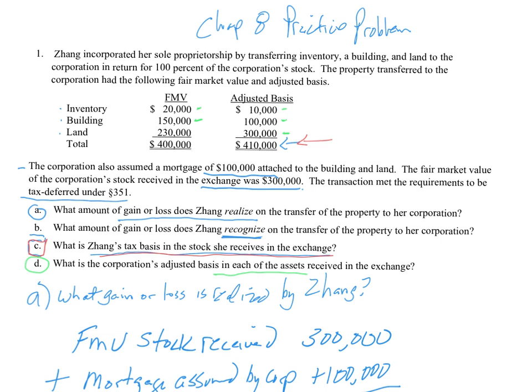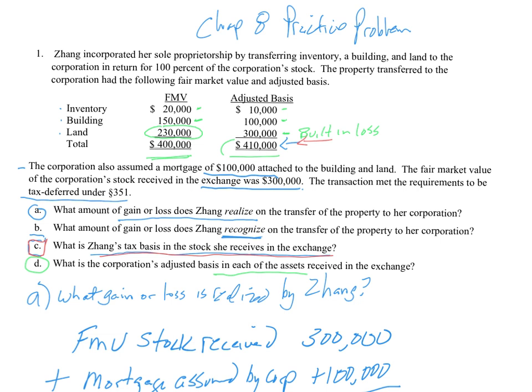Now, what do we see with the land? With the land, we have an adjusted basis of $300,000, but fair market value has fallen below the adjusted basis. So here we have what is called a built-in loss. And we can see that our total adjusted basis is larger than our total fair market value.